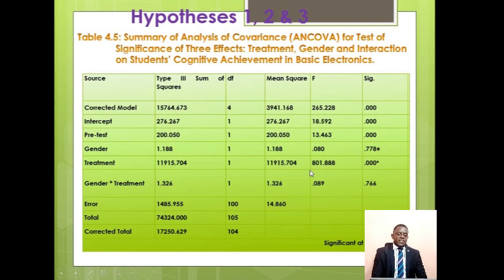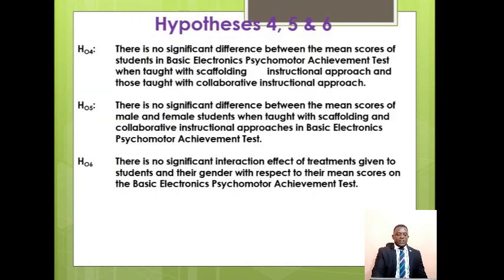So these are the things that were done, and the remaining step is just the data analysis. There we have mean statistics, which were used to answer research questions, and also ANCOVA, that is analysis of covariance, as I mentioned earlier.